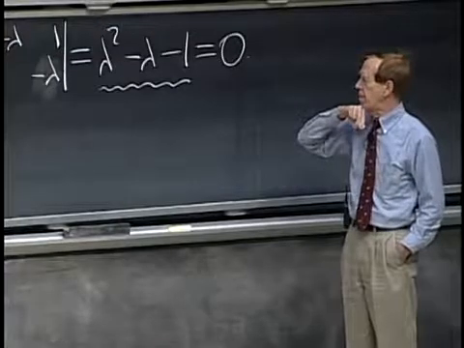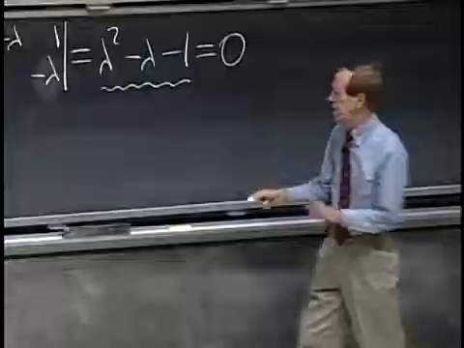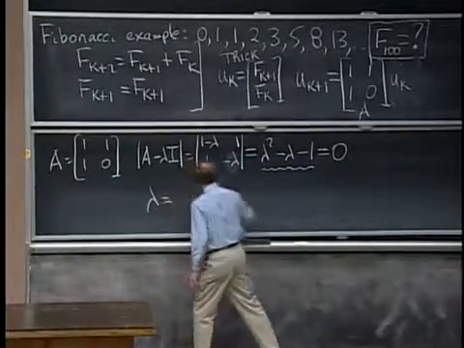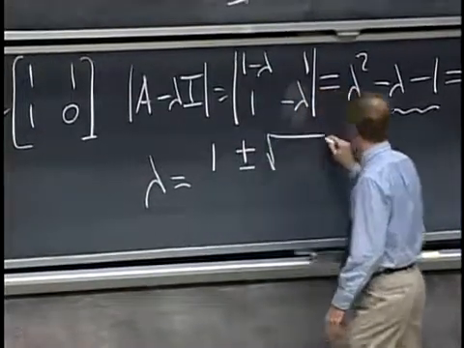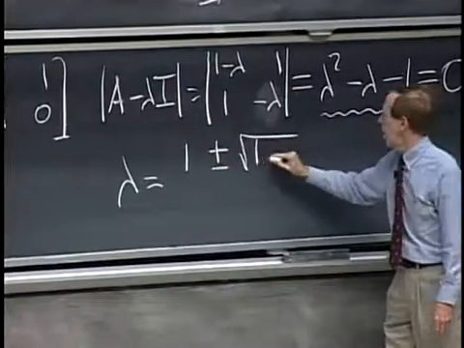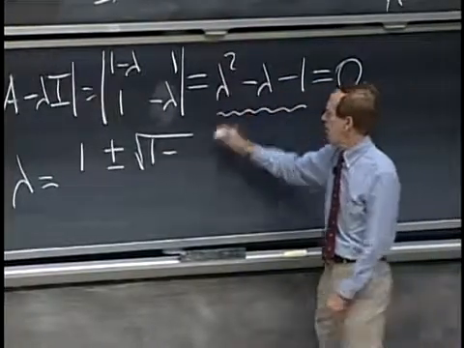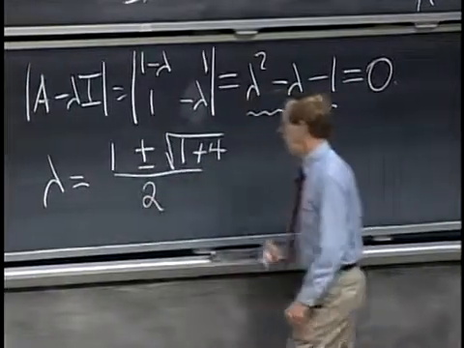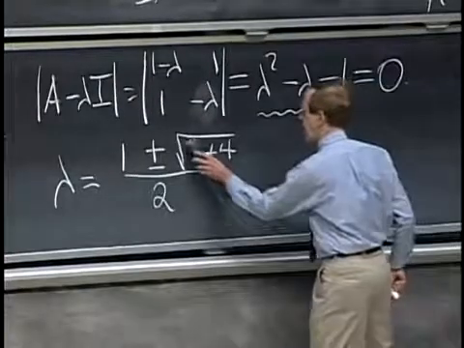Well, I would like to be able to factor that quadratic, but I'm better off using the quadratic formula. Lambda is, let's see, minus b is 1, plus or minus the square root of b squared, which is 1, minus 4 times that, which is plus 4, over 2. So that's the square root of 5.